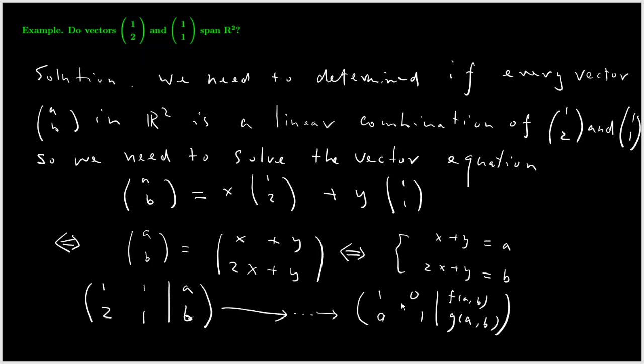In this case, if there are no rows consisting of all zeros to the left of the bar, then the system has at least one solution. You see, there are no cases like this: the left-hand side is 0, 0 and the right-hand side is a non-zero number 4. So there are no cases like this, right?